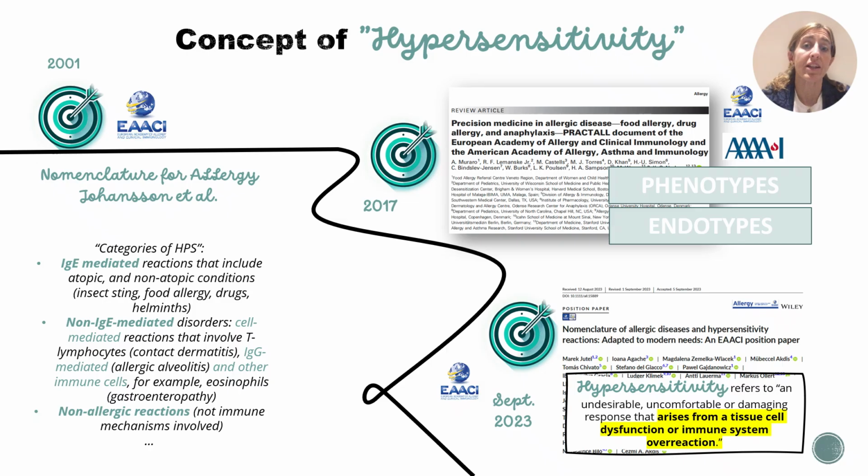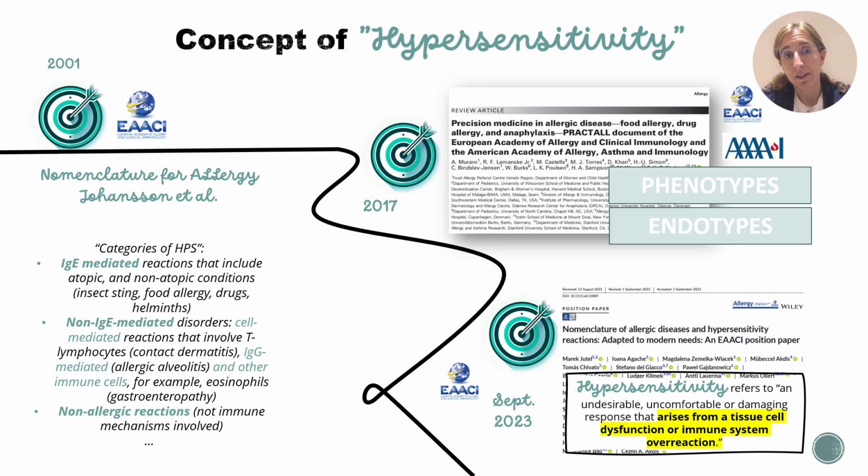And in 2017, the practical document from the EAACI and the American Academy of Allergy and Clinical Immunology referred to the need of precision medicine, in which they mentioned that we had to define more on phenotypes and endotypes for allergy and hypersensitivity.